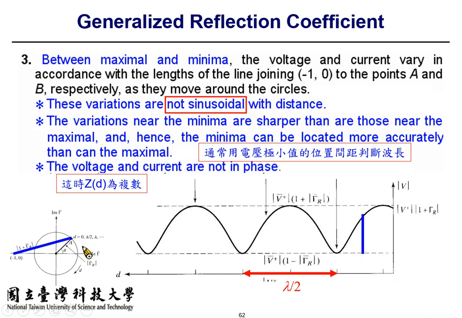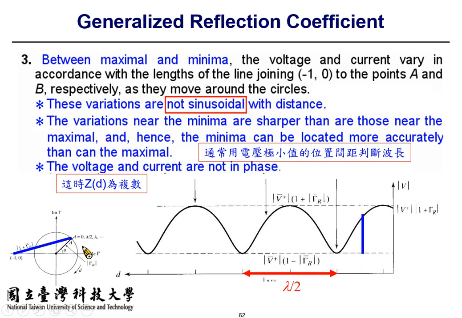The reflected voltage magnitude, which equals the size of the black arrow, is smaller than the incident voltage. So that's the reason why you have some minimum total voltage and some maximum total voltage.